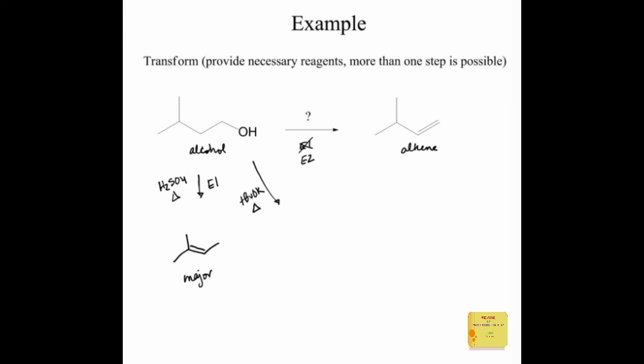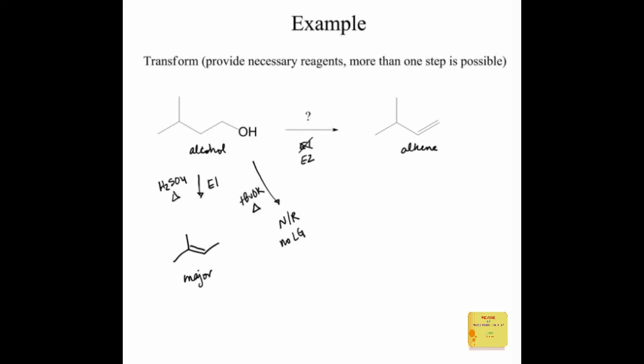Would you expect the E2 elimination? What's wrong with trying to do an E2 here? You lose a beta hydrogen and what? A leaving group. We do not have a leaving group here with hydroxide. So this is no reaction because there's no leaving group. So we wanted to try and do the E2, but that's not going to happen here.